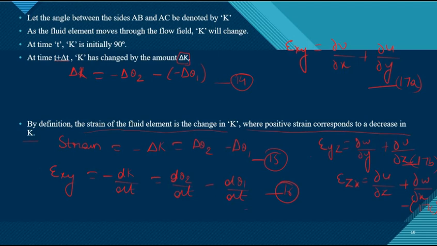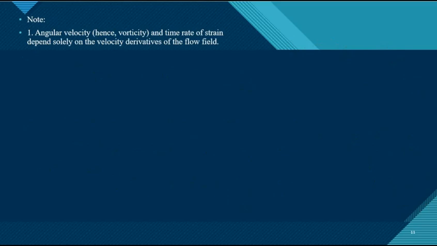Now there are some important points we have to note. Angular velocity, that is the vorticity, and time rate of strain depend solely on the velocity derivatives of the flow field.